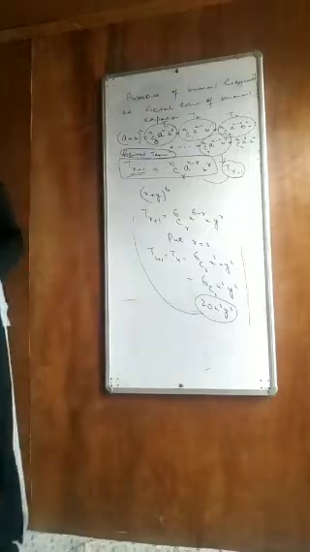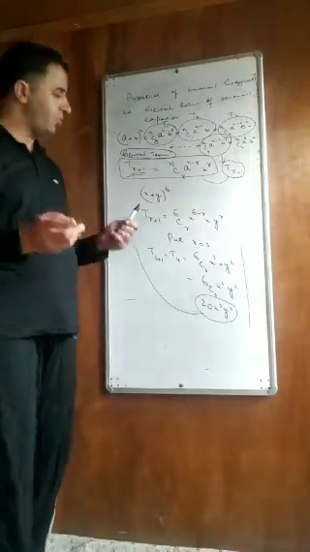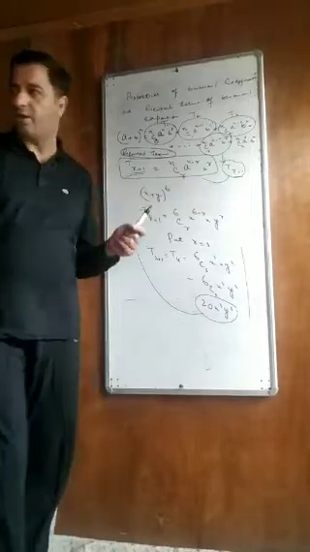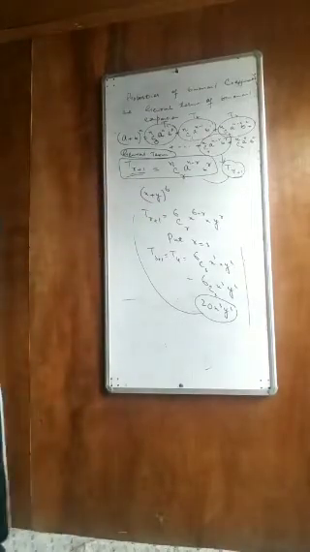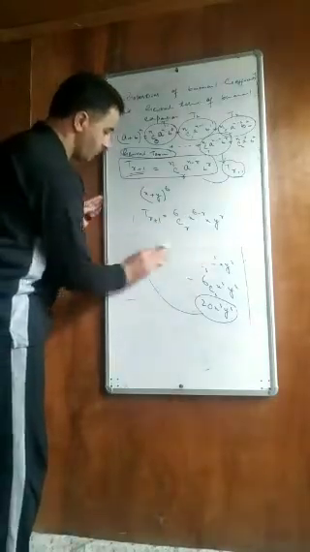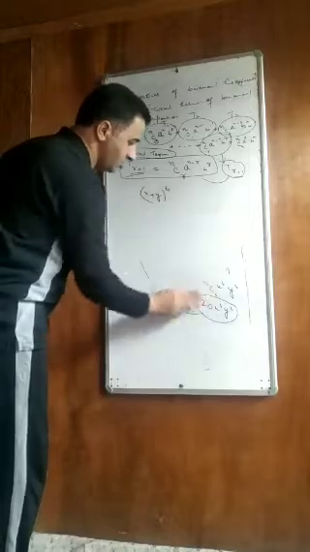Now, where do we use this general term of the binomial expansion? Suppose you need to find the coefficient of x square or the coefficient of y square. Suppose we take the same (x plus y) raised to power 6.